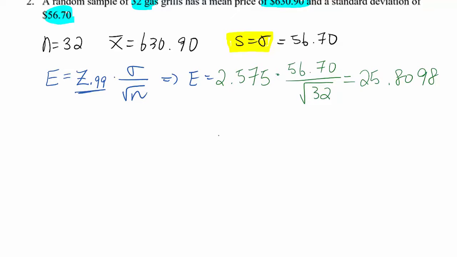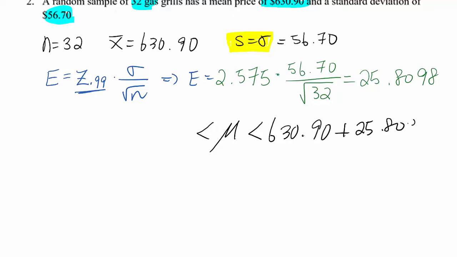Now, using this information we can construct the confidence interval for the population data. So mu is between x bar, which is 630.90, minus 25.8098 and also 630.90 plus 25.8098.